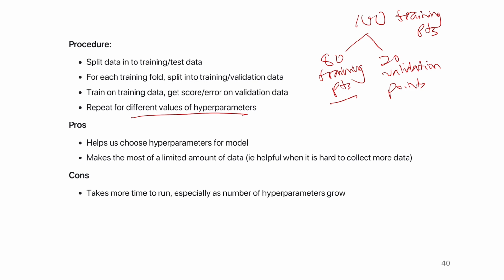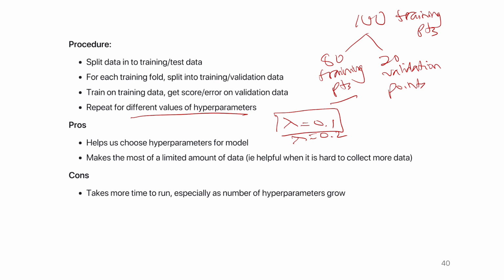So for example, for lambda equals 0.1, I might do this 5-fold cross-validation and compute the error for each fold. Right? And then for lambda equals 2, I'll do the same thing. Right? And our whole goal, and we'll see an example later on, is to basically choose the lambda that results in the smallest average error among all folds.